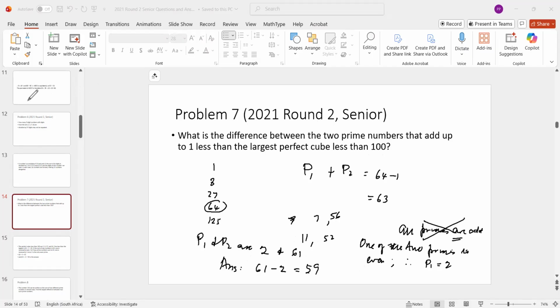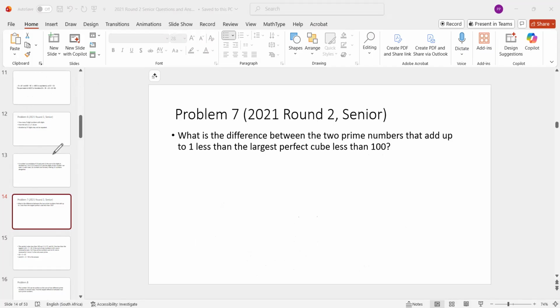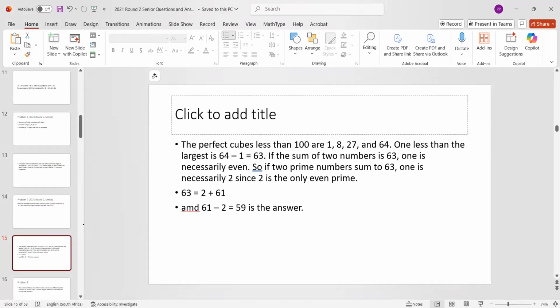So our answer is 59. And you can see right at the end, the answer that is given is indeed 59. So we will stop there.